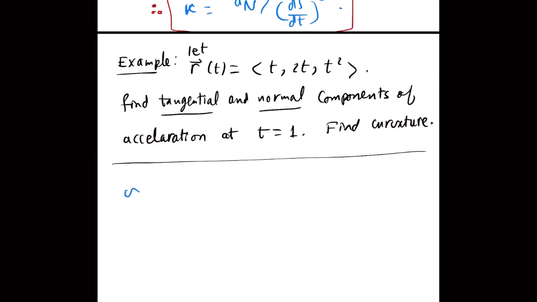Differentiate to get 1, differentiate 2t to get 2, differentiate t squared to get 2t. This is the derivative at any time. This is as well a tangent vector, but not the unit tangent.